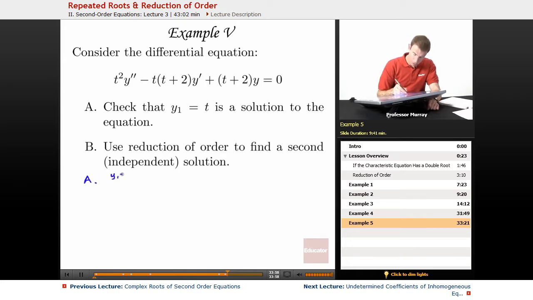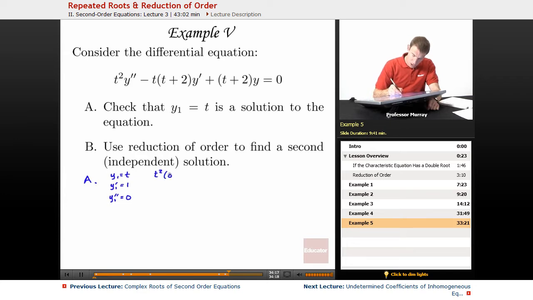So if y1 is equal to t, y1 prime would be 1, and y1 double prime, the derivative of 1, is 0. So we're going to plug all those into the differential equation and just see if it checks out.